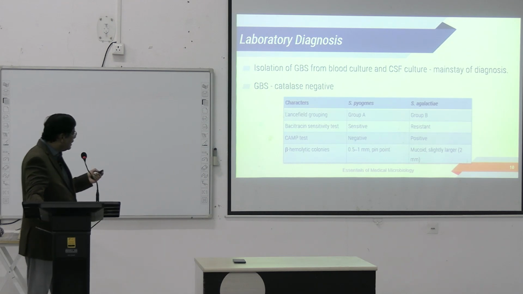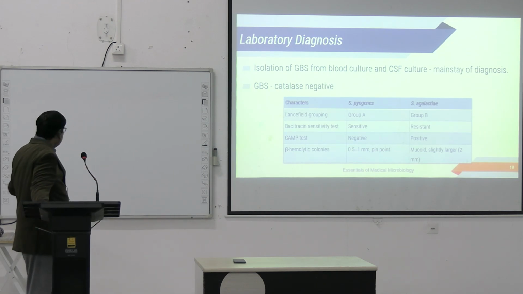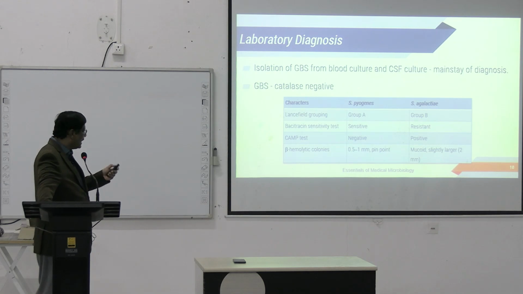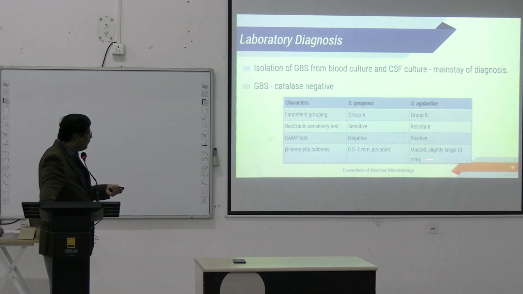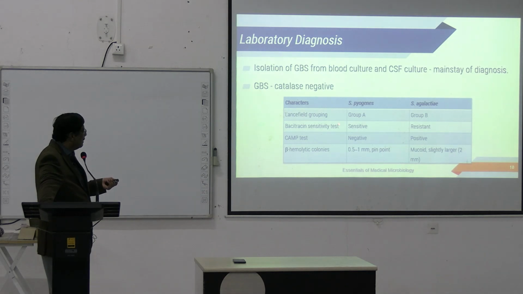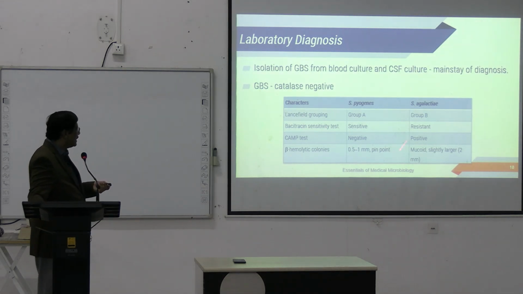The CAMP test, Christie, Atkins, Munch and Peterson test, is negative for Streptococcus pyogenes and positive for agalactiae. The beta hemolytic colonies are almost the same, pinpoint, and difficult to separate. So the important tests are bacitracin sensitivity and the CAMP test, by which you will identify group B.